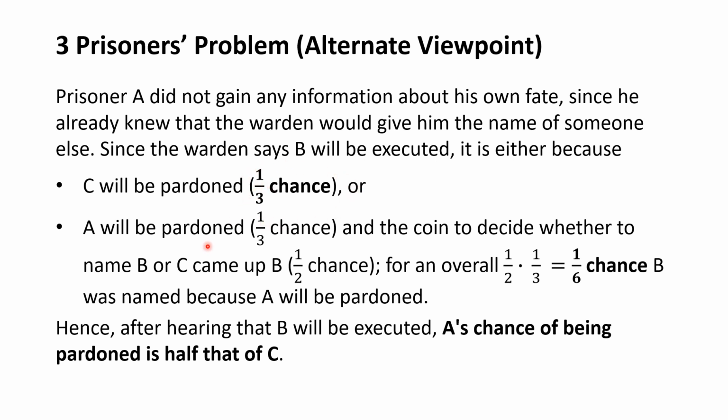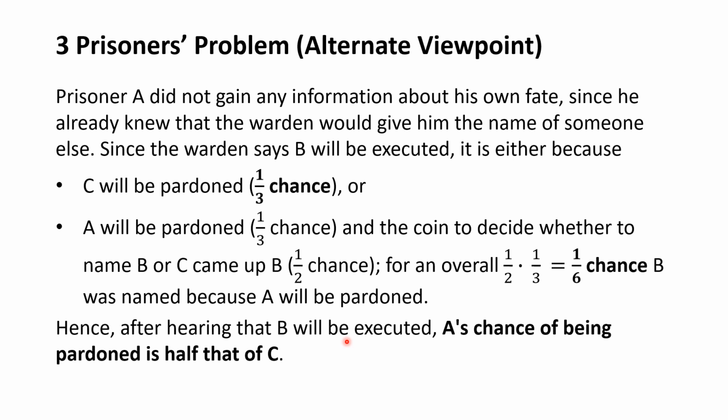On the other hand, if A is going to be pardoned, which is a 1/3 chance, and the coin to decide whether to name B or C as the one who's going to be executed is 1/2. So overall, there's a 1/2 times 1/3, 1/6 chance B was named because A will be pardoned. So you can see here that the probability of C getting pardoned is twice that of A, given this information. So that kind of confirms the analysis from C.